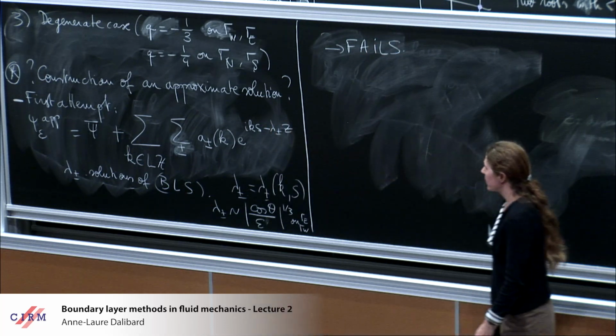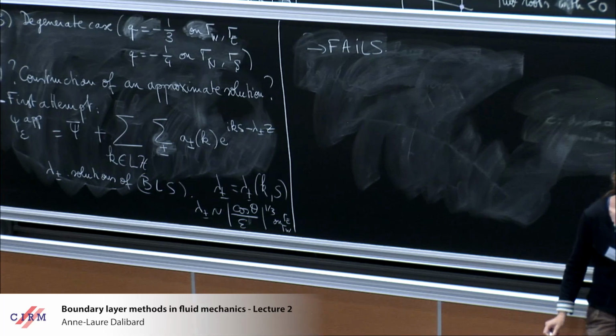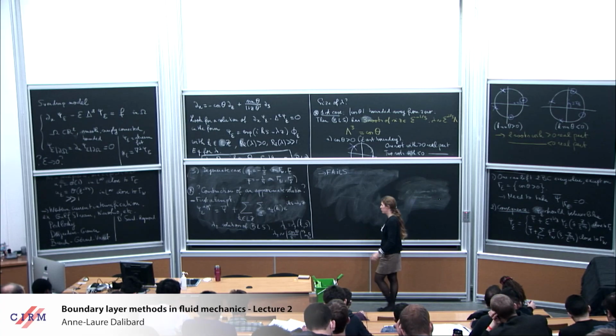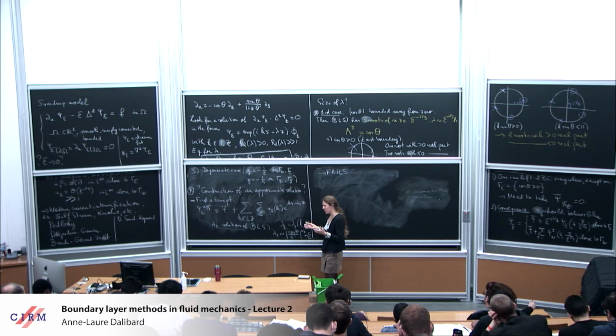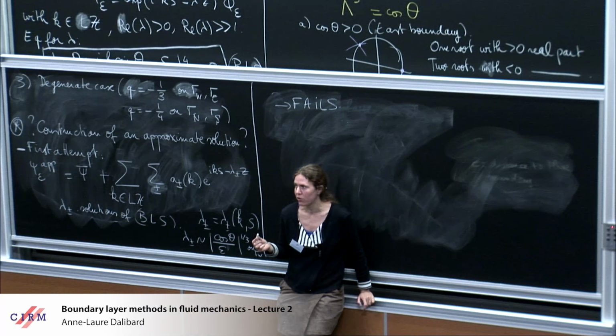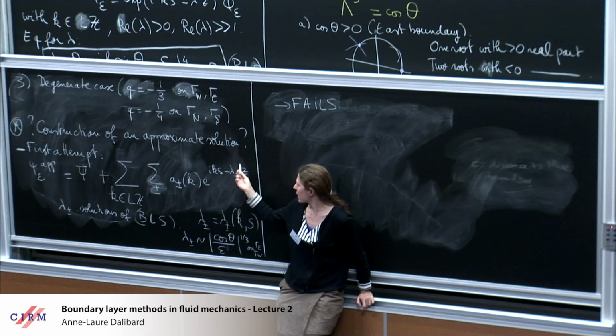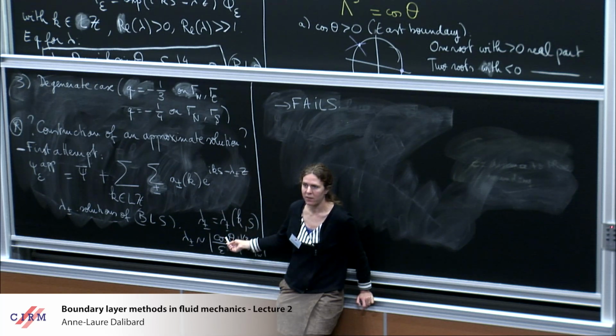My understanding is that we tried really for quite a bit to make that work, and every time it completely failed. It was a while ago, but I still remember a little bit of the computation. The lambdas change in a very abrupt fashion when cosine theta goes to 0.